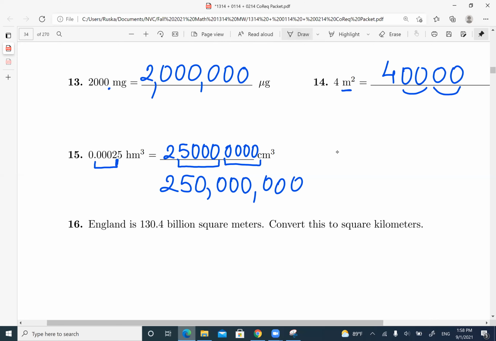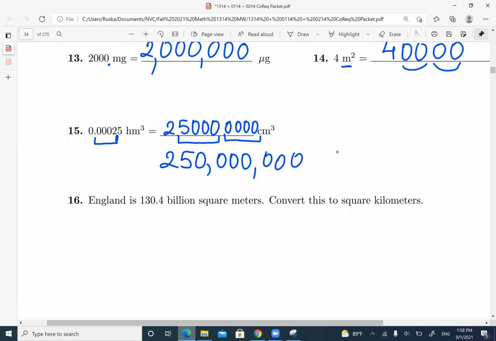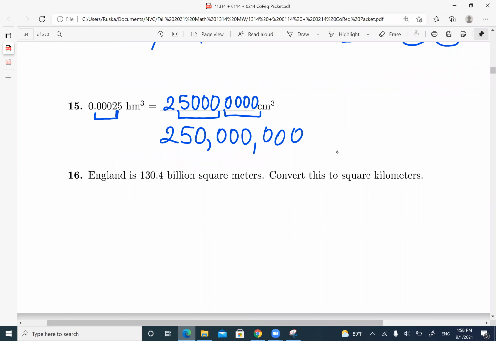Okay, next one is about, we have to convert square meters to square kilometers. Now billion, how many zeros does a billion have? Million has 6. How many zeros is 1 billion? Do you know? 6 is a million. A billion has 9.